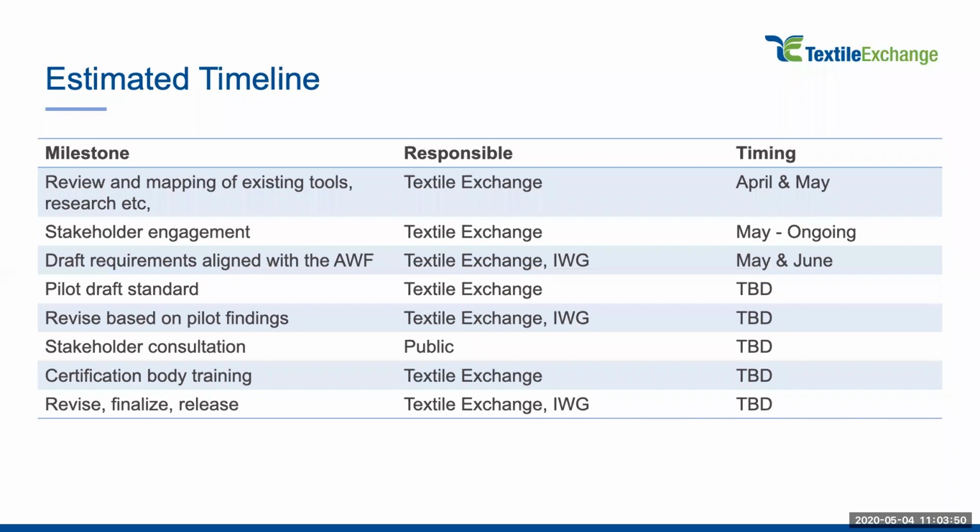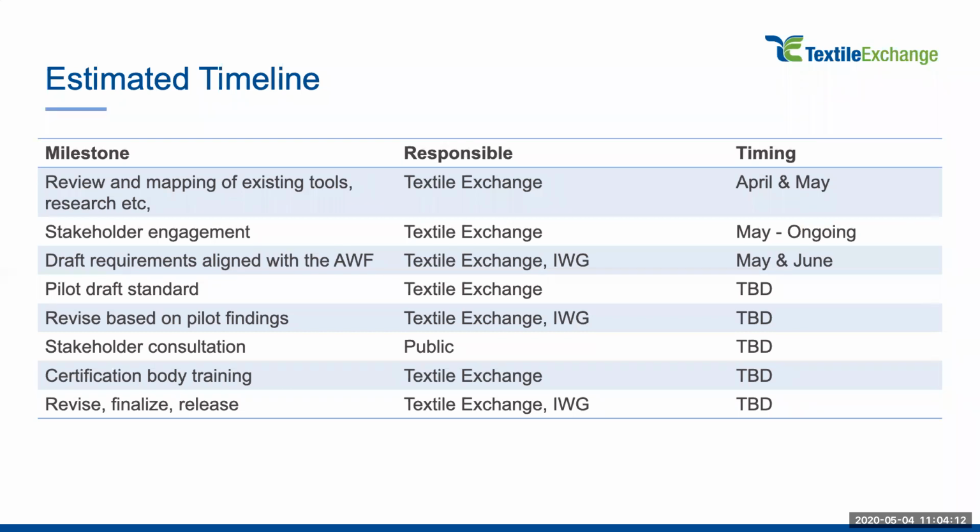Next slide, please. I've included some indications of timings here. As it is a slightly different approach to a completely new standard development, the advantage is that it can go a bit faster than the normal 18-month timeline that you would look at from a completely new standard development approach.